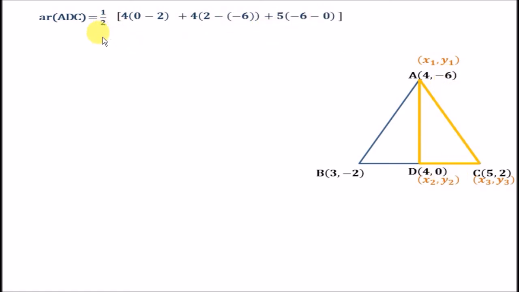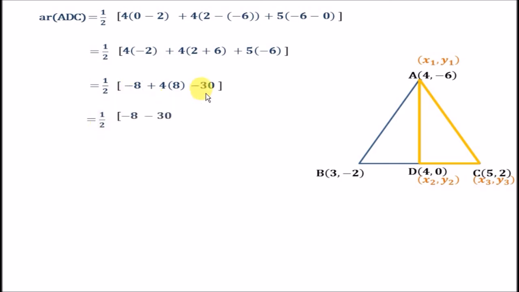Now on computing, half into 4 into 0 minus 2 will be -2, plus 4 into 2 minus into minus, the sign will change, plus 6, plus 5 into -6 minus 0, -6. Half into plus into minus, minus 4 2s are 8, plus 4 into 2 plus 6, 8, plus into minus, minus 5 6s are 30, minus 30. Half into -8, -30.